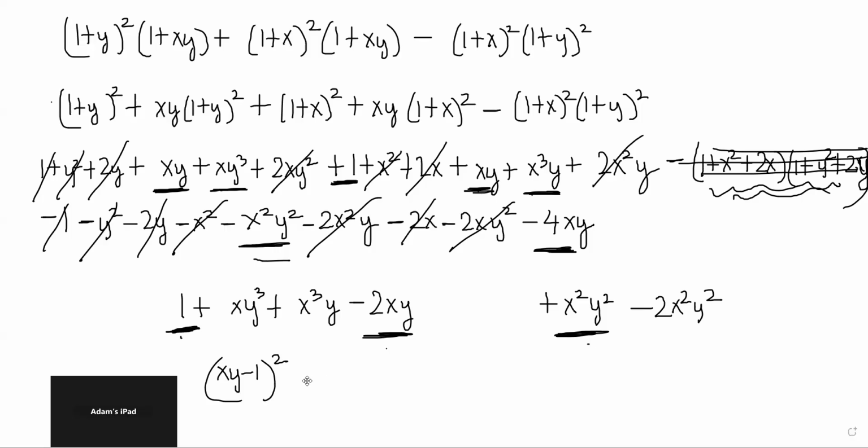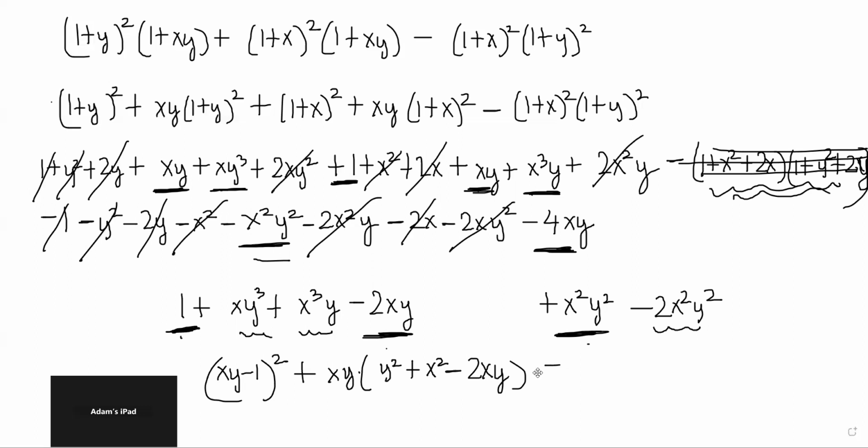And now the remaining terms are what? See, this term and this term, right? So from there, I can take xy common. Yes. I will get y square plus x square minus 2xy.